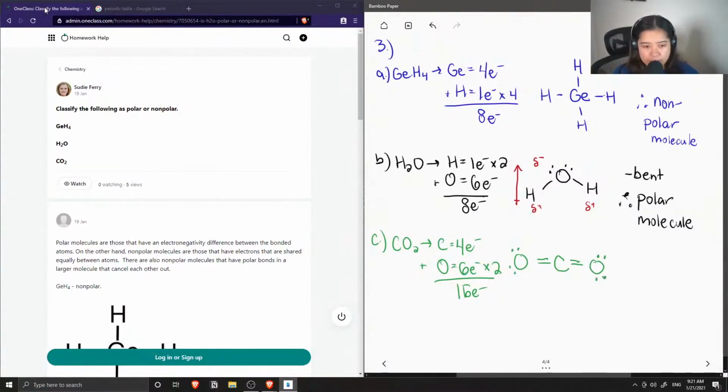Now for this molecule, our oxygens are still more electronegative than carbon, so there are going to be dipole moments going towards the direction of the oxygens. But this time they cancel each other out, because we have a linear molecule.